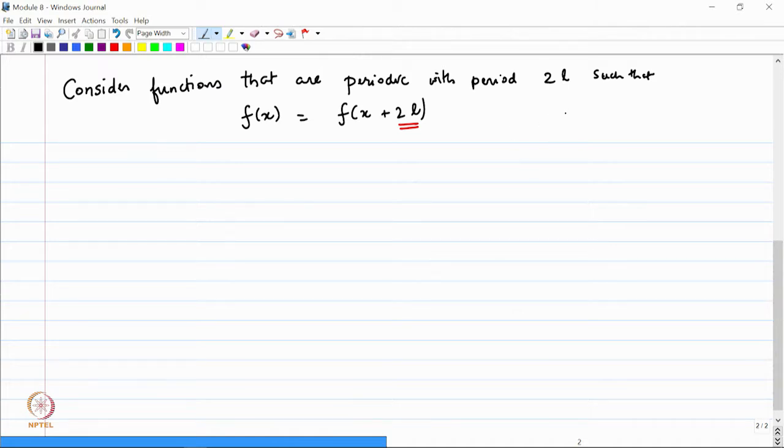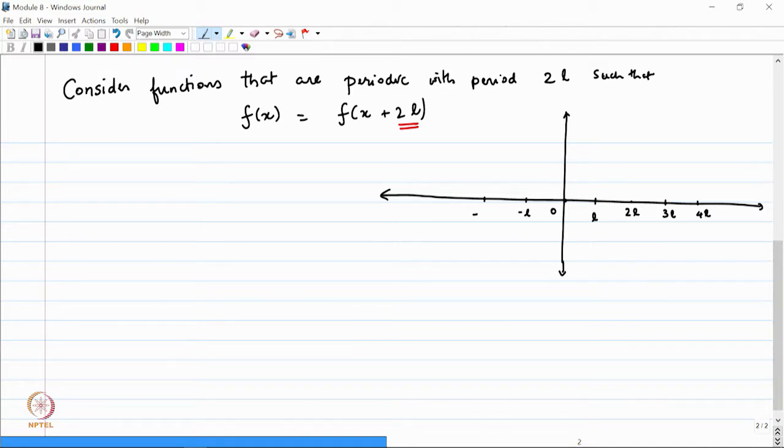If you were to plot this function, I will deliberately show it slightly longer in the x direction. So, this is 0, this is L, 2L, 3L, 4L, and then on the minus side I have minus L, minus 2L.